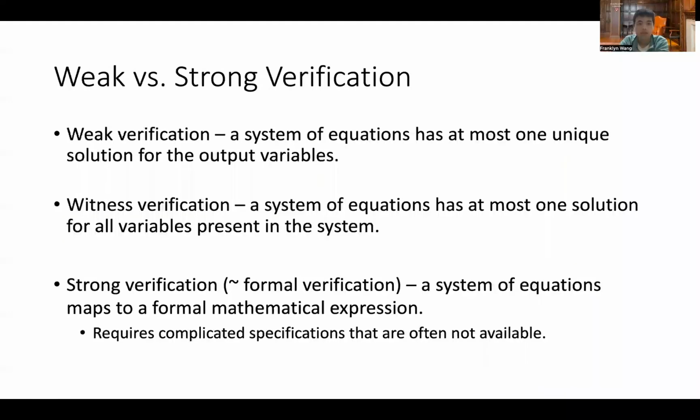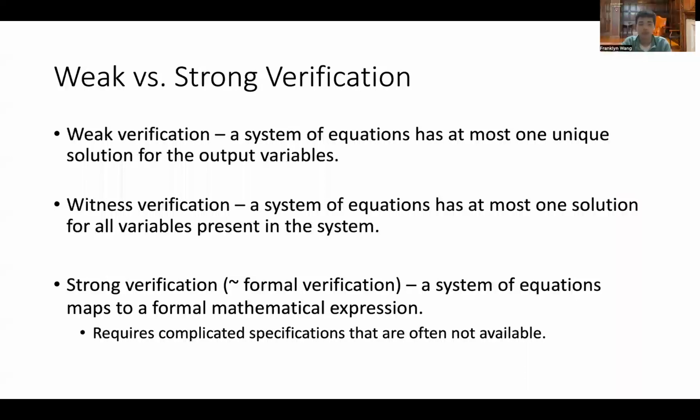Okay, so now I'm going to define some notions of weak to strong verification, which we'll seek to prove here. The first notion is weak verification, and this is when a system of equations has at most one unique solution for the output variables, given the values of the input variables. There's witness verification, which is when a system of equations has at most one solution for all variables present in the system.